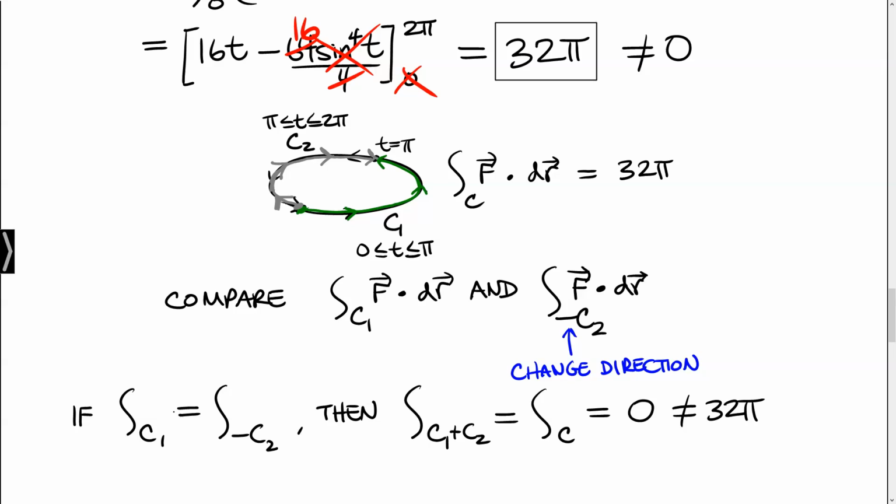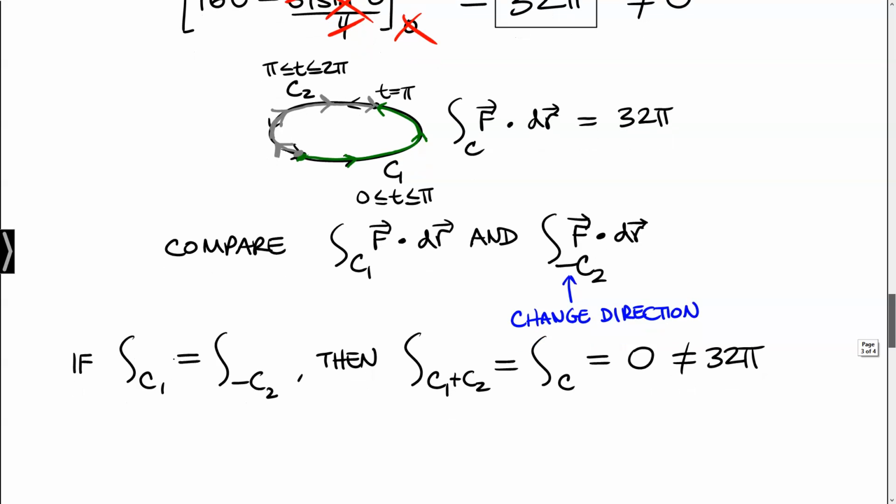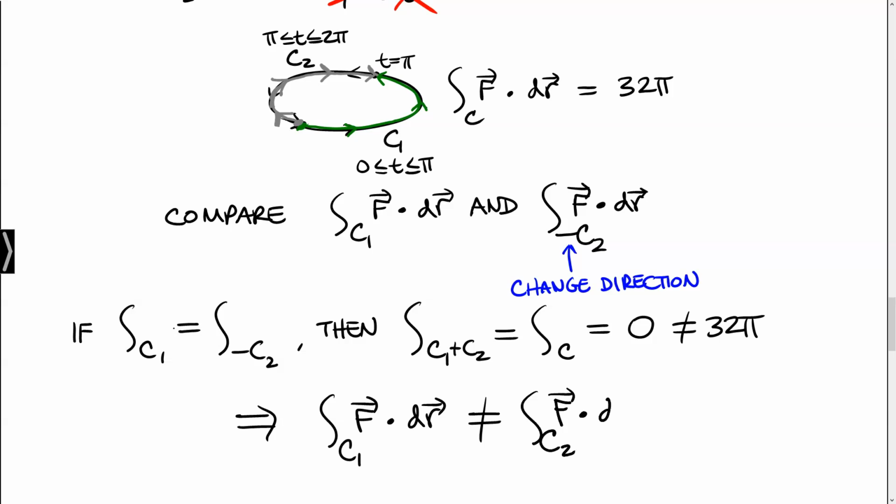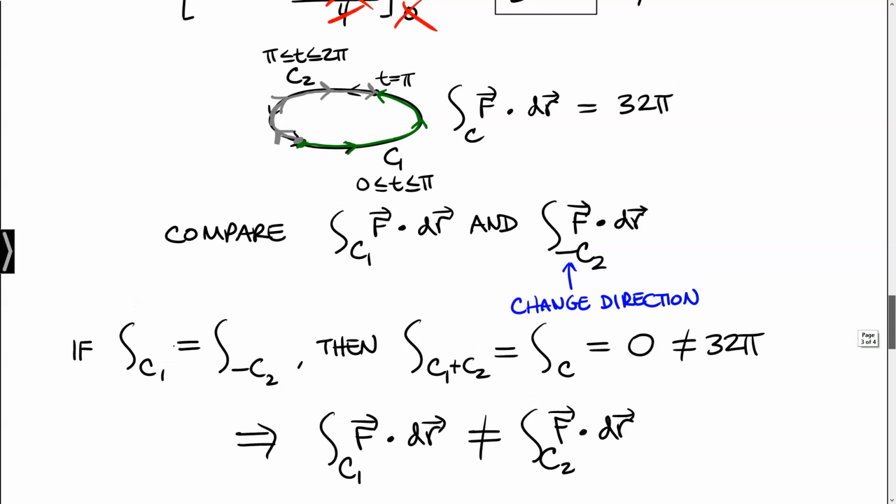So we can conclude that the integral along c1 cannot be the same as along c2. So the integral of f dot dr along c1 is not equal to the integral of f dot dr along c2.